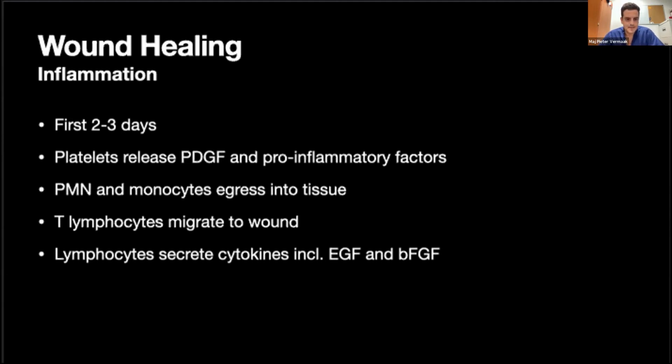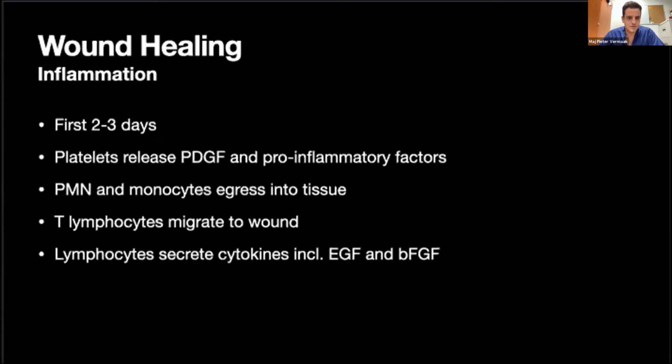This attracts polymorphonuclear neutrophils, which go to the wound, and monocytes. They eat up basically all the bugs and foreign bodies within the tissue, and then T lymphocytes come along to try and give some immune response.